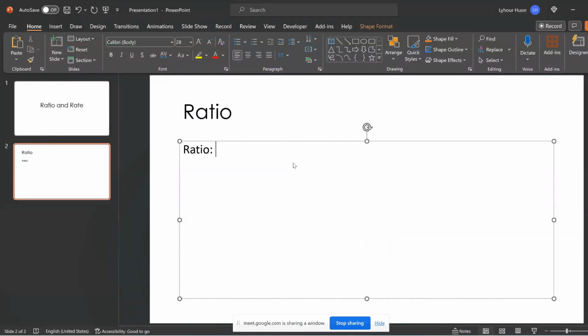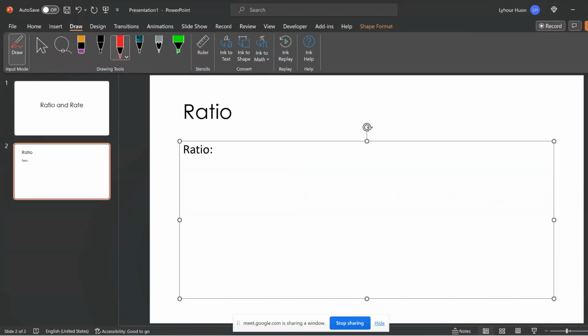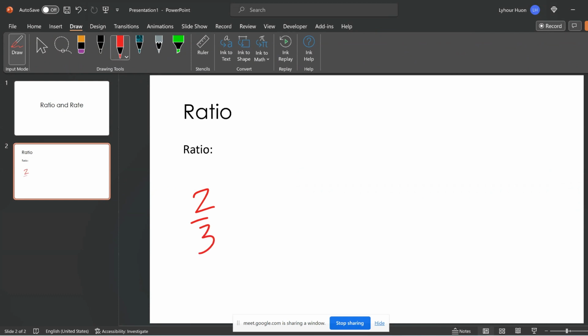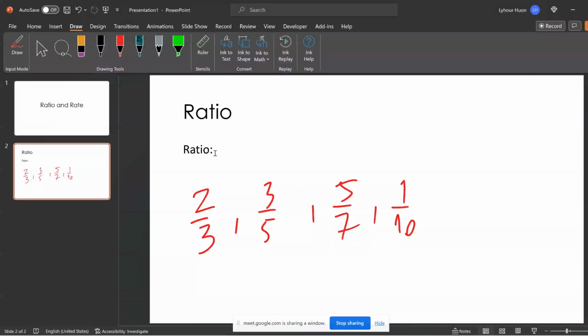Ratio is something like 2 over 3, 3 over 5, 5 over 7, 1 over 10. All of these are ratios. So what's ratio?